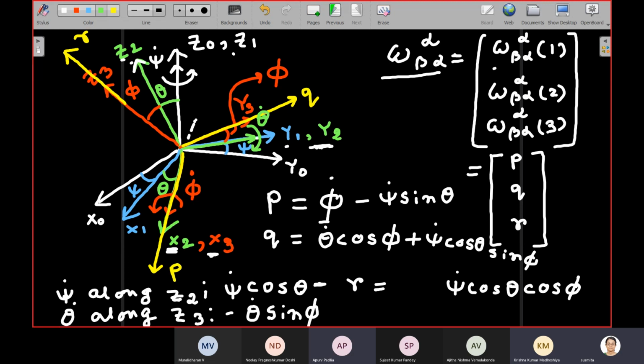Theta dot sin phi. It is in which direction? Z3. Positive or negative? Negative.